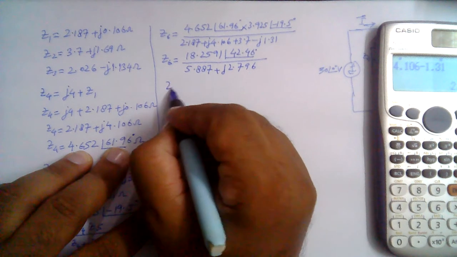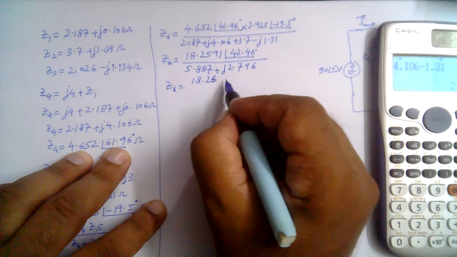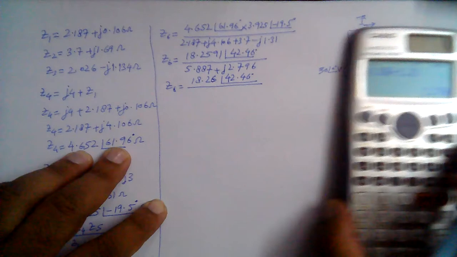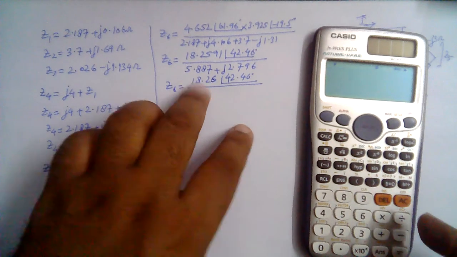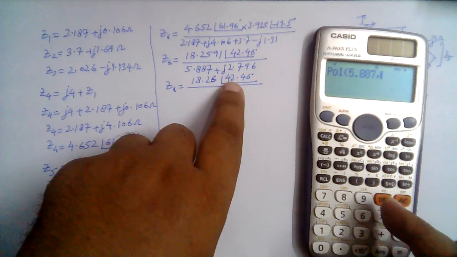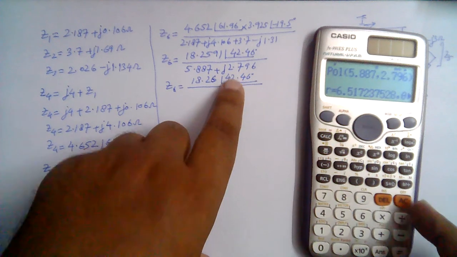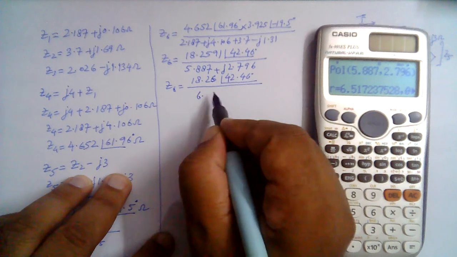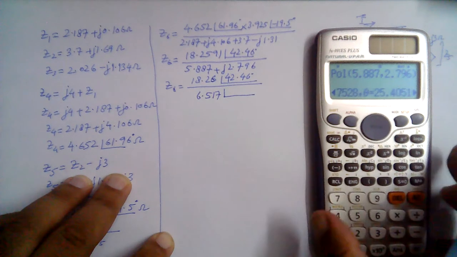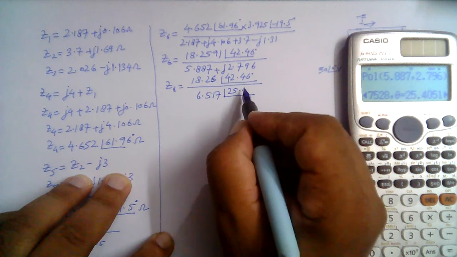So Z6 is equal to 18.26 angle 42.46 degrees divided by, let's transform the denominator into the polar form, 5.887 and 2.796, and this is 6.517, and the angle is 25.4 degrees.